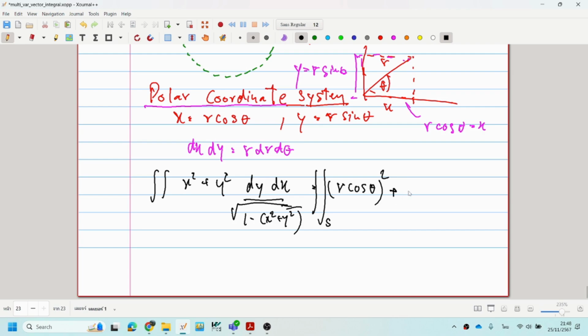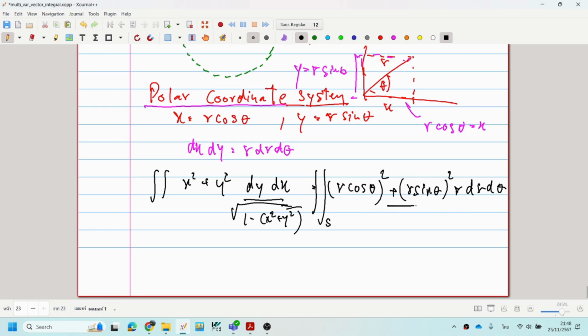Here x equals r cosine theta, squared, and y equals r sine theta, squared, and dx dy changes to r dr d theta.